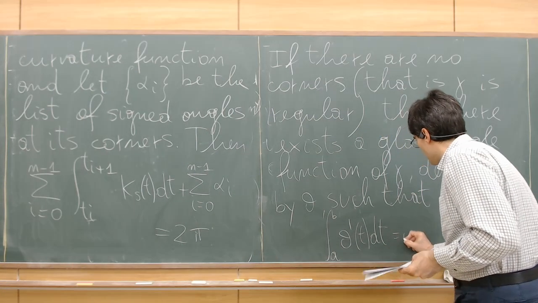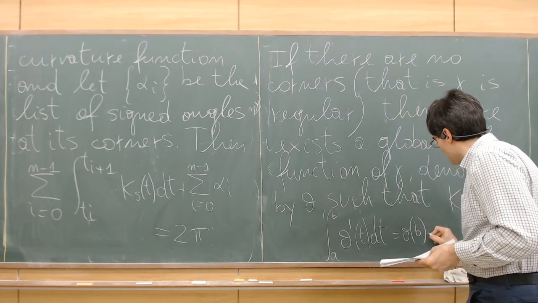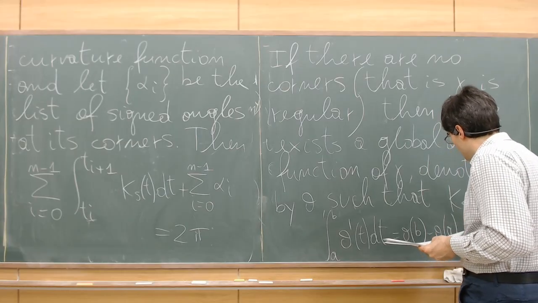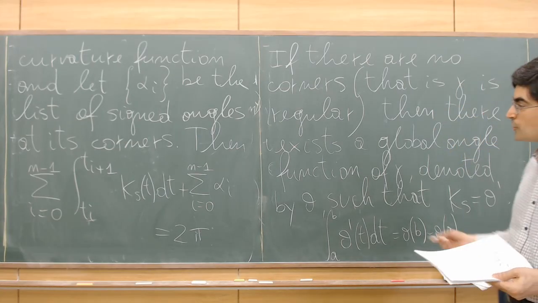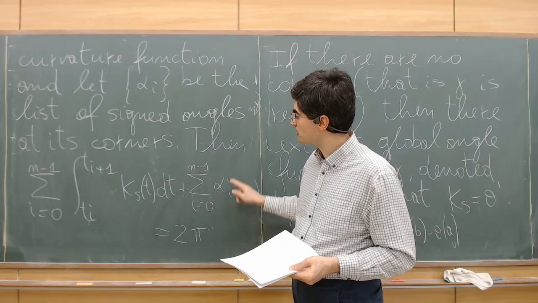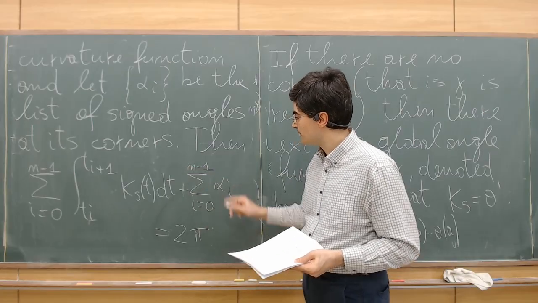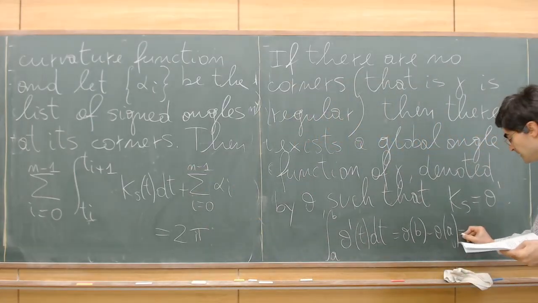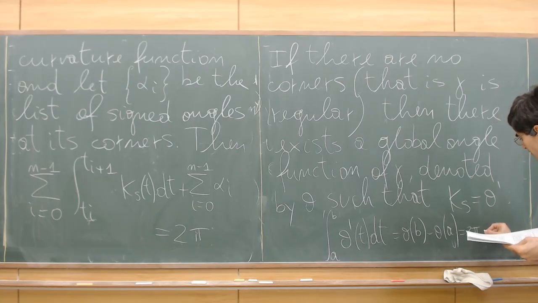This is theta b minus theta a, because there is no such term. If there are no corners, this term disappears, and this is equal to 2 pi times the rotation index.